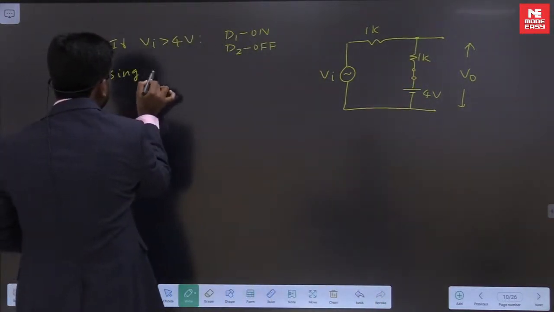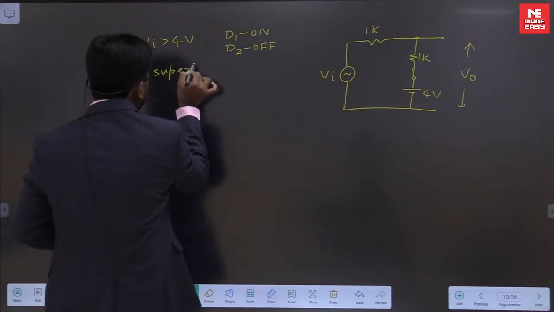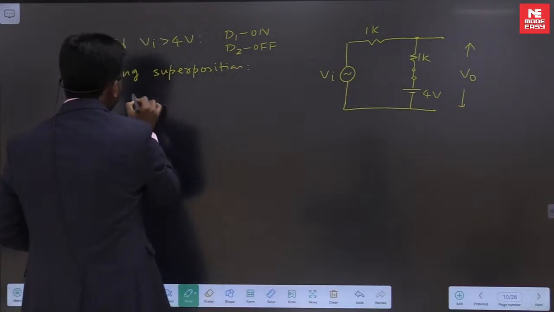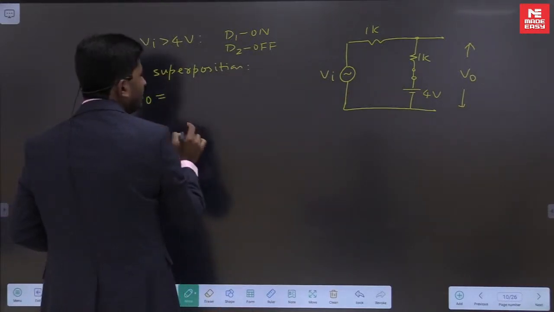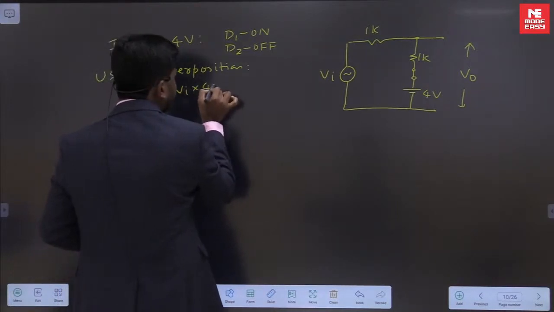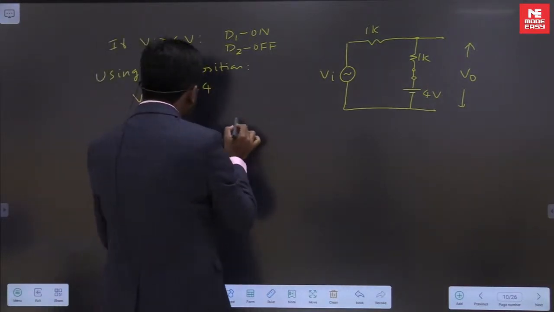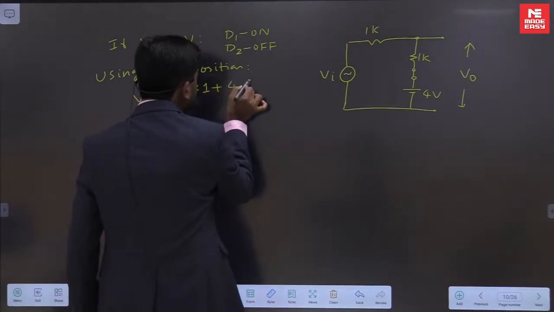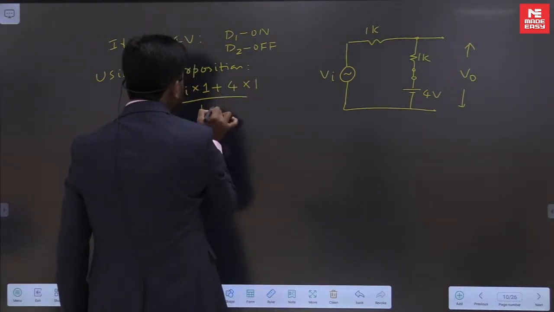Using superposition, V0 is equal to Vi into 1 plus 4 into 1 by 1 plus 1.